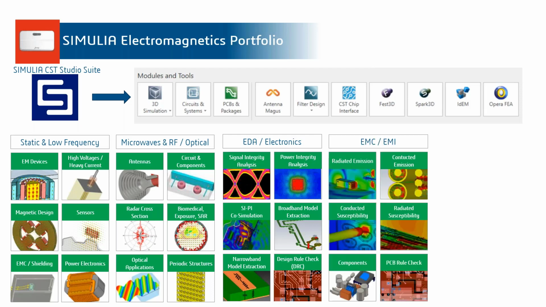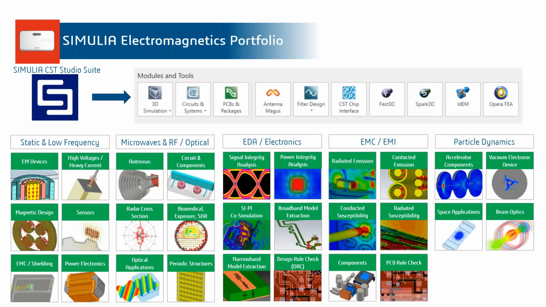Coming to the EMI EMC part, we can do analysis related to radiated emission, conducted emission, conducted susceptibility, radiated susceptibility, and also with respect to components. Then we have particle dynamics, where we can see the particle behavior of accelerator components, vacuum electronic devices, and space related applications, or beam optics related analysis.